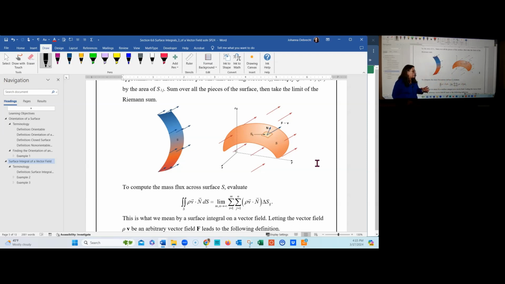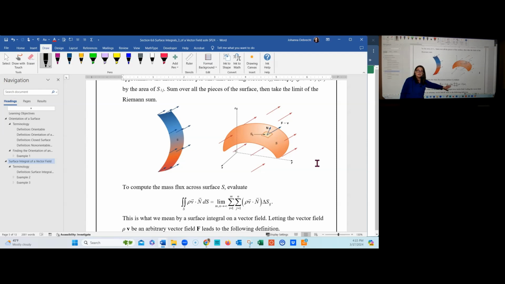We also have, however, the vector field itself, which is the velocity of the fluid, given by F equal to v for the vector field. We want to know what portion of the vector field lines up with the normal vector, which is causing it to flow through the surface S. In this case, we can define the surface integral over S as rho times the vector field dotted with the unit normal vector with the surface integral differential.